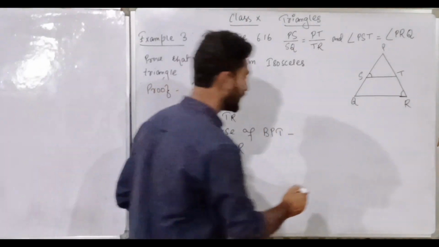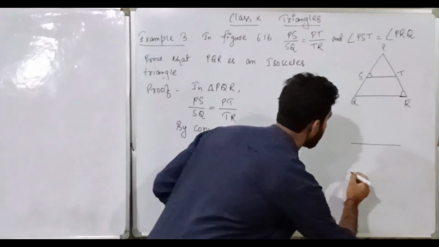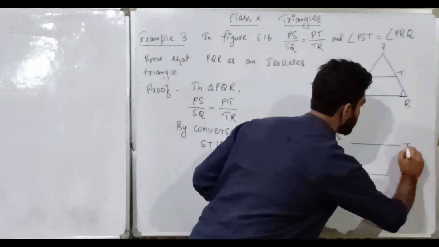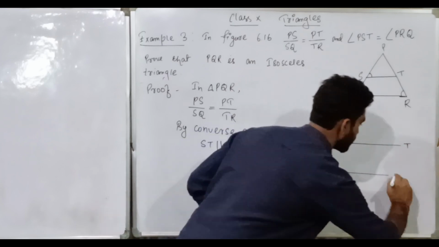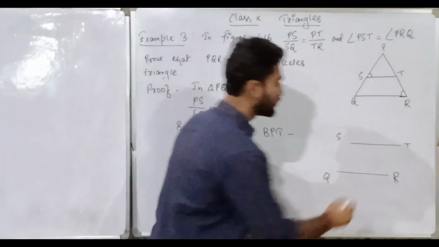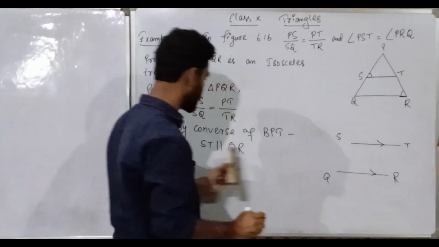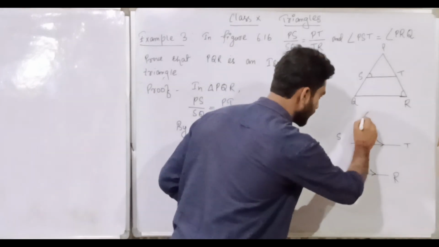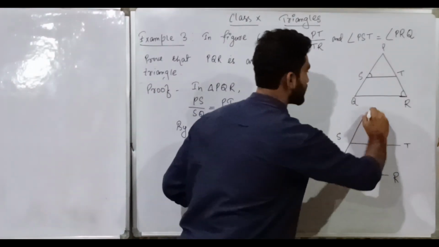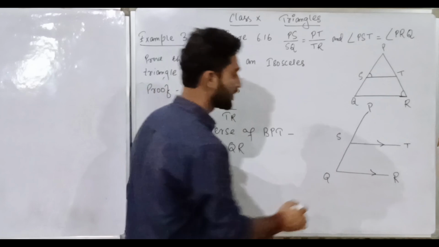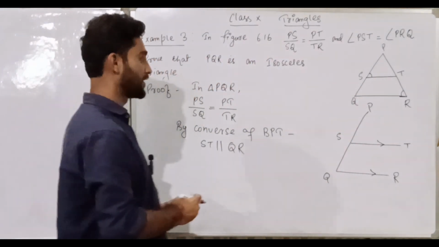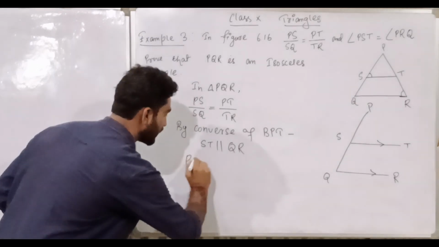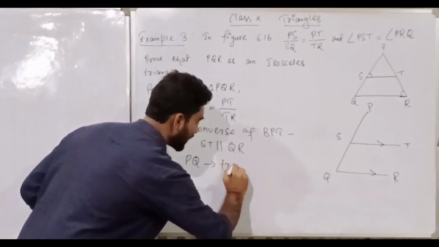Now you see in the figure, these two lines, this one is ST and this one is QR, are parallel. Just now we have proved this from the converse of the basic proportionality theorem. Now this PQ line will act like a transversal. So ST is parallel to QR, and PQ is the transversal.